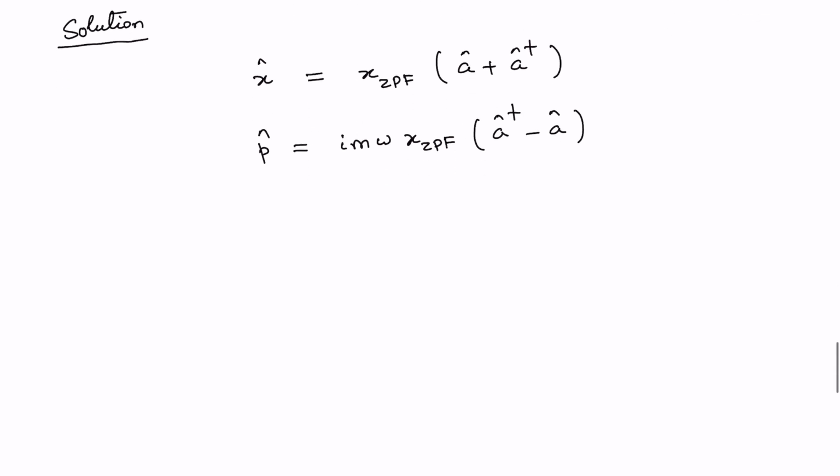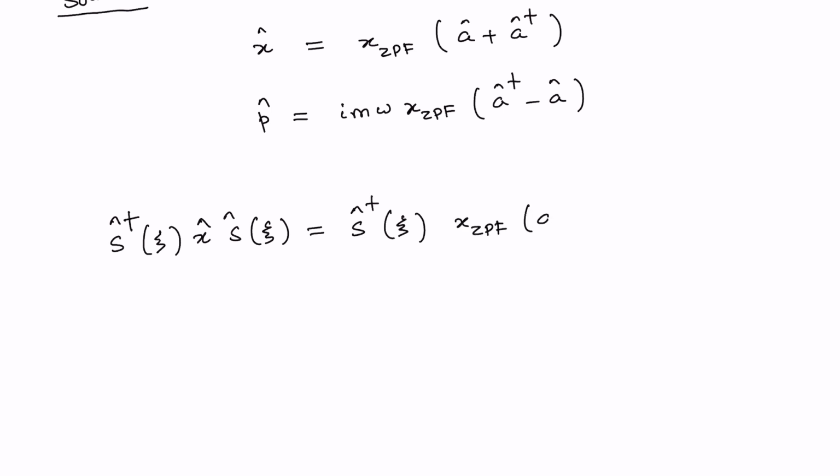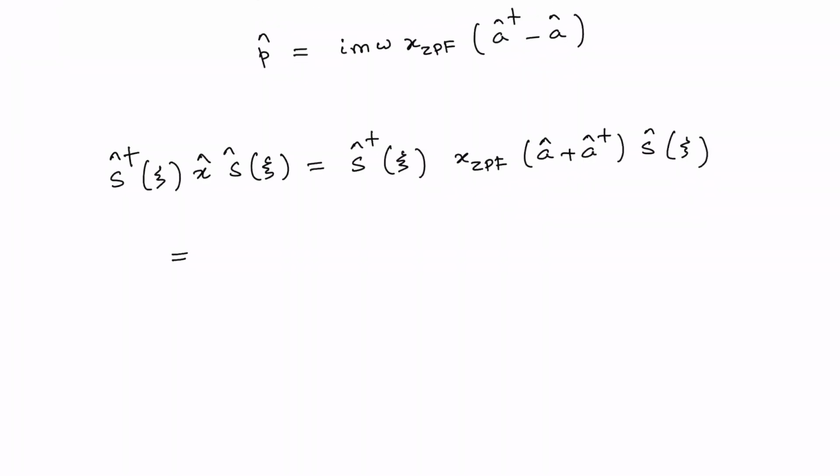Okay, then if I now put this form in this expression, S dagger xi x S xi, and S dagger xi x is now x zero point fluctuation into a plus a dagger S xi. From this I can get two terms.